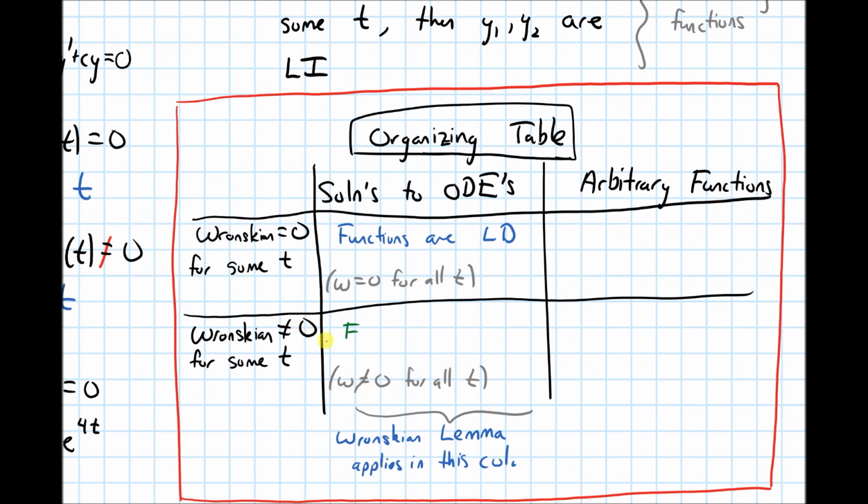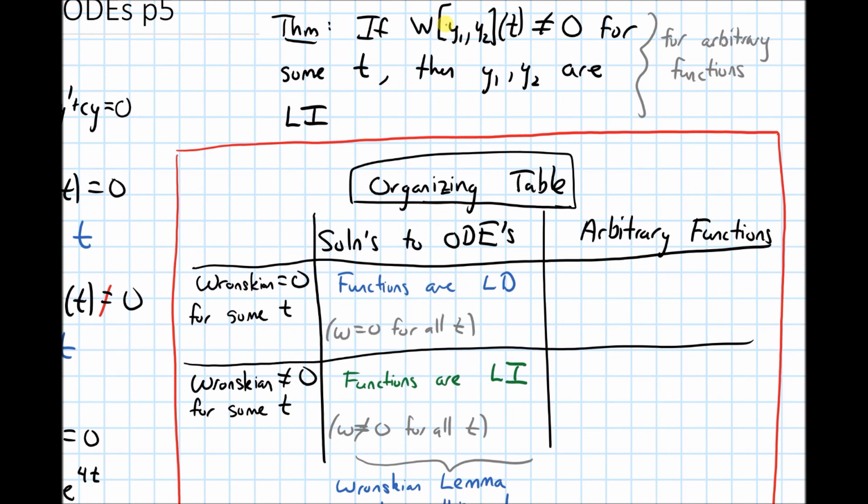Because it's not 0, that means that our functions are linearly independent. The previous theorem says that if the Wronskian is not 0 for some value of t, even if the functions are arbitrary, they're still going to be linearly independent. So in this slot over here, the functions are linearly independent.